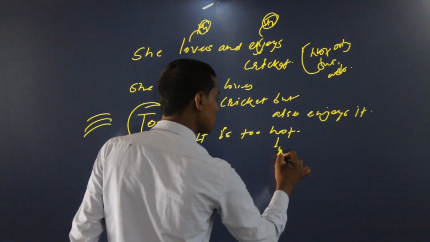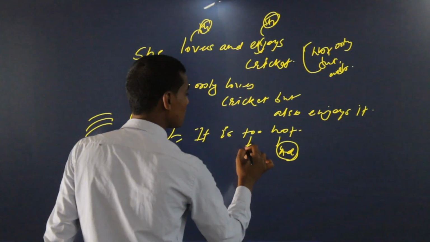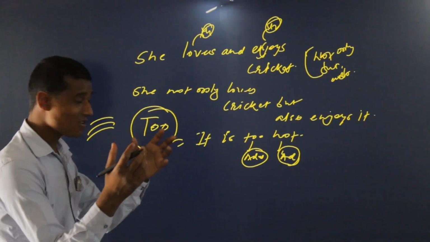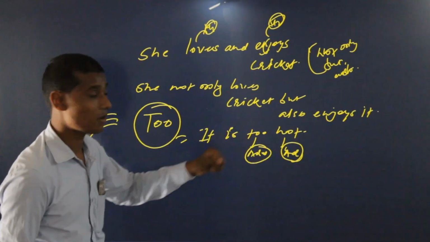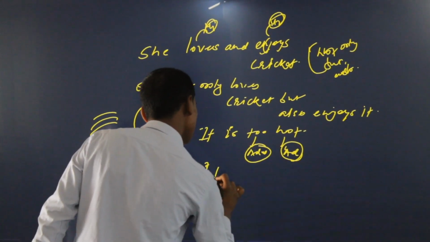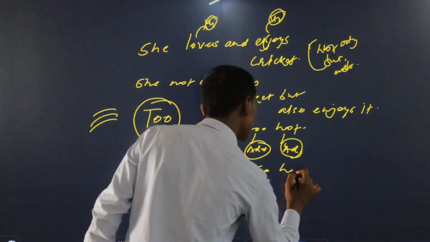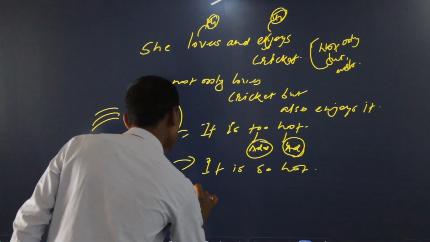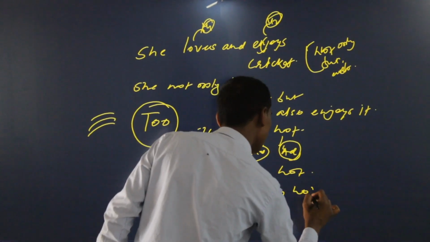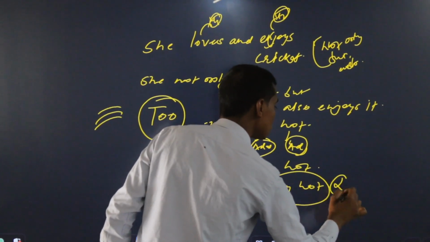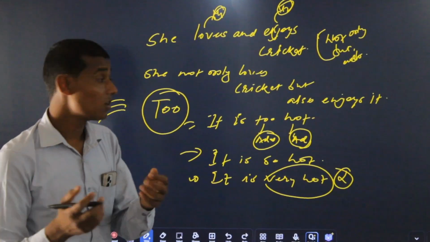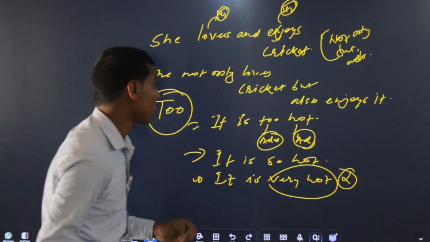Too hot. This is adjective and this is adverb because it has the word to describe adjective. So we can replace it with it is so hot. But sometimes the students make a mistake. They write it is very hot, but it becomes not right. Sometimes it becomes wrong. Understand how.